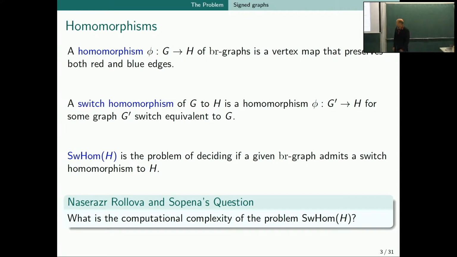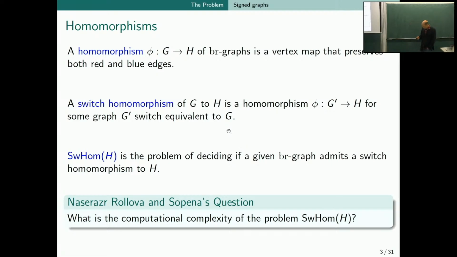So they defined this, and then once they've defined this homomorphism, they can define the problem, switch hom H, which asks, for a given red-blue graph, is there a switch homomorphism to H? Right? So this is a decision problem, and so it has some complexity, some running time. Sometimes it's going to be hard, sometimes it's going to be easy. Right? And so they ask, well, what is that computational complexity?